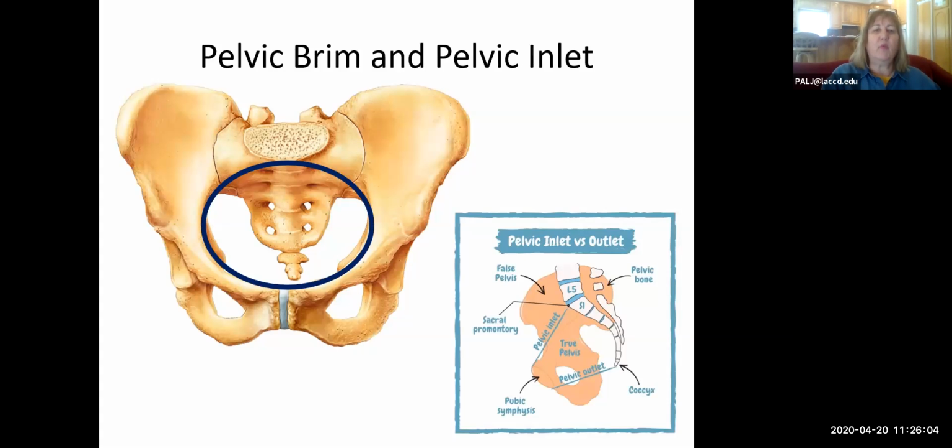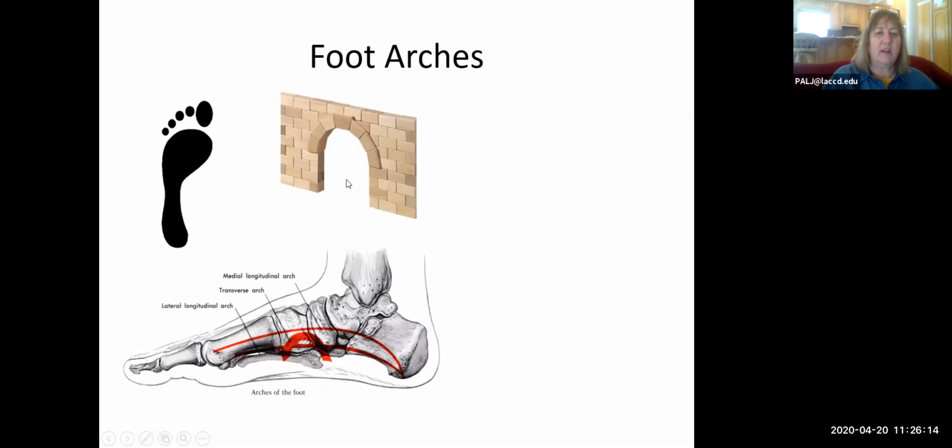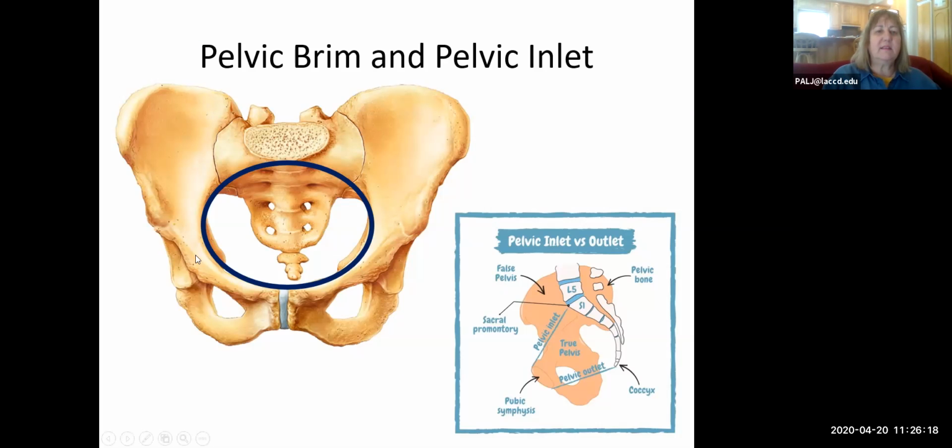So the pelvic brim and the pelvic inlet are important landmarks. If you go across the ridge of the coxal bone and then right across the top of the sacrum, that gives us this circle, this blue circle that is known as the pelvic brim. So that is right here, the top of the coxal bone to the top of the sacrum.